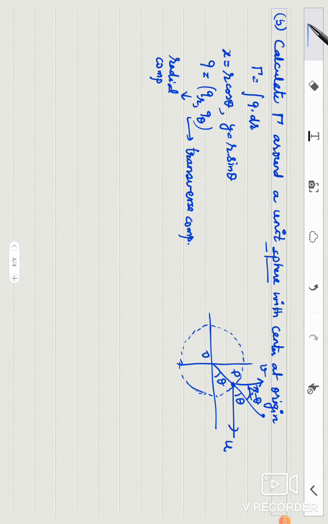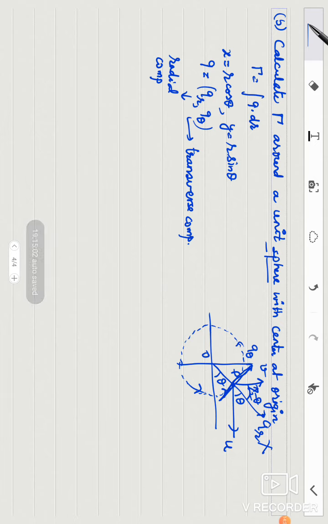So since we are talking about the circulation, and in circulation q is the tangential velocity, that means I am interested in this type of flow. It simply means I am interested in this component of velocity, which is q theta. I am not interested in qr. This is the radial component of velocity.